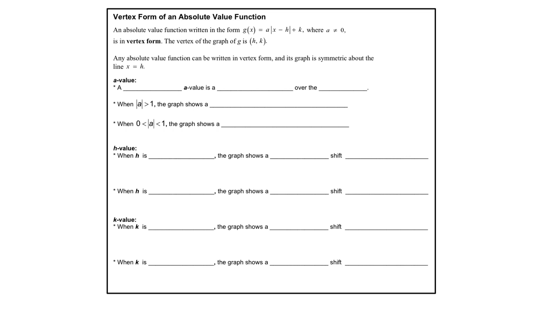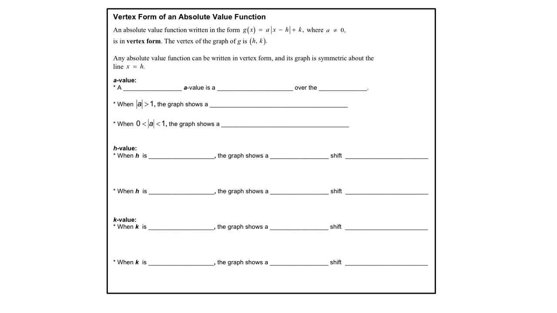So, reading here, it says an absolute value function written in the form g of x equals a times the absolute value of x minus h plus k, where a is not 0, is what we call vertex form. The vertex of the graph is the point h, comma, k. First thing you might notice is the h here is positive, and then inside it looks negative.